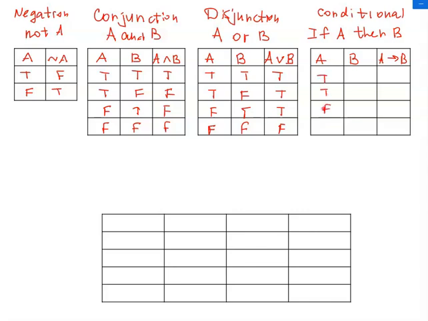True, true, false, false, true, false, true, false. So again, I'm just writing them in this order to cover all possibilities. And we have here true, false, true, true. Okay, so now we sorted out all the rules, and let's talk about a particular problem.